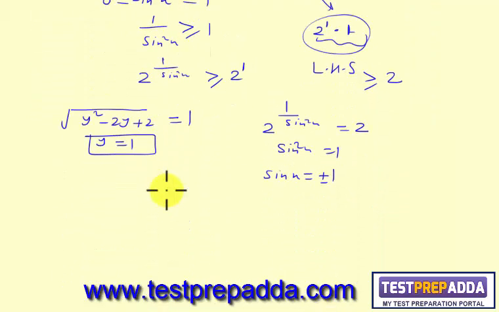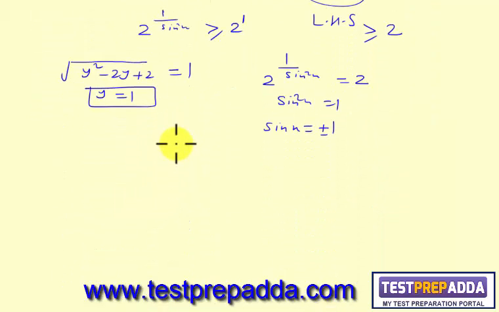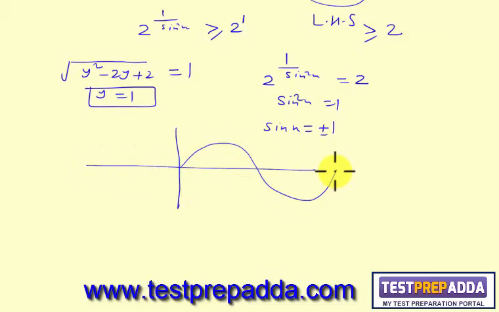In the given interval 0 to 2π, at π/2 it is 1, and at 3π/2 it is −1.